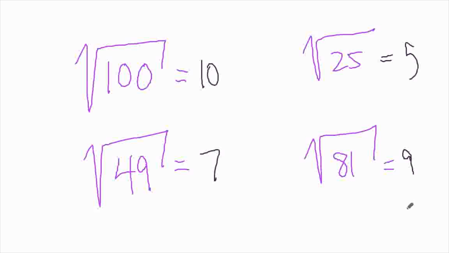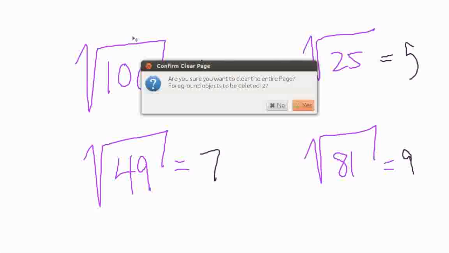Now, you can have different types of roots as well. These were like doing the exponent with a 2 backwards. There's no reason why you couldn't do a different exponent backwards. If I put a little 3 as an exponent, that's called a cube. So 2 cubed is 8, because 2 times 2 times 2 is 8.